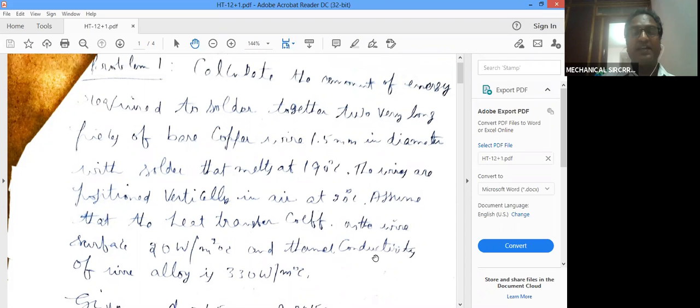Okay? So consider two very long pieces of copper wire, which means you take a very lengthy pin here. Long copper wire, lengthy pin.